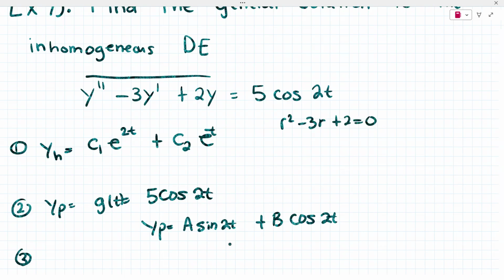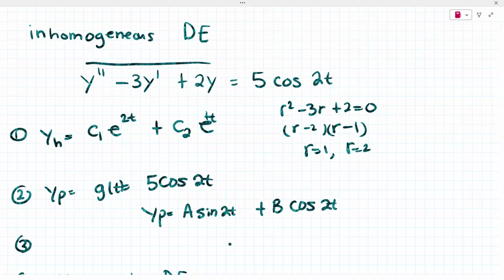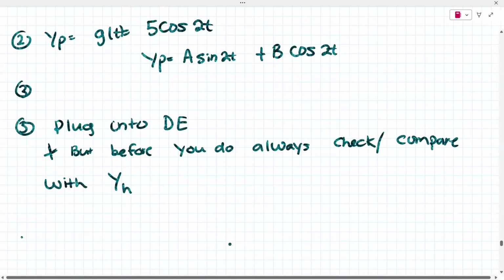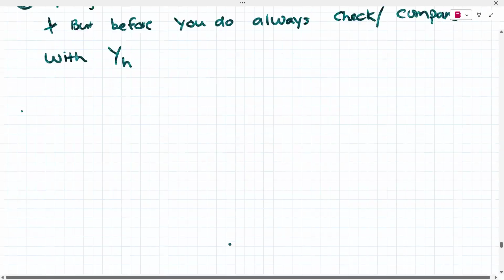Set that to 0 and then factor. This is going to be r minus 2 and r minus 1. Your r is 1 and your r is 2. So that's how I got c1e to the 2t plus c2e to the 1t. So does yp resemble yh? No, it does not.